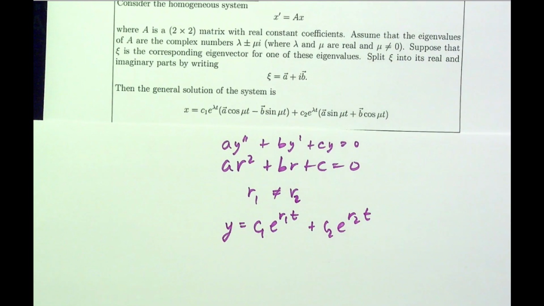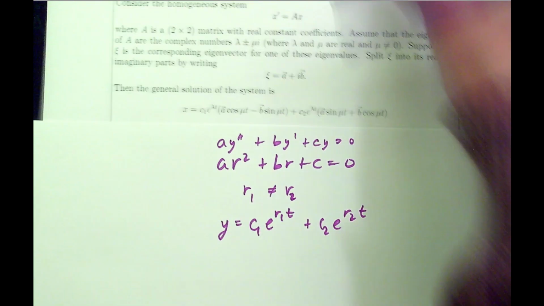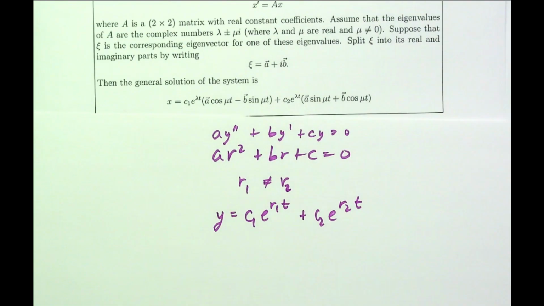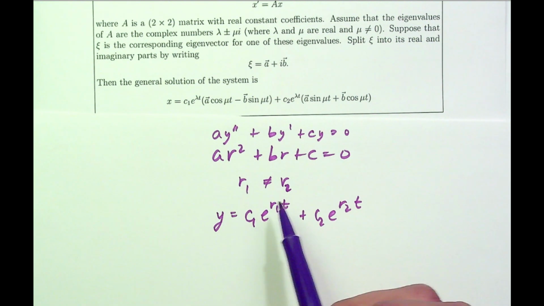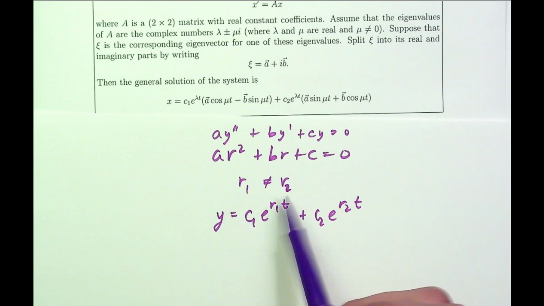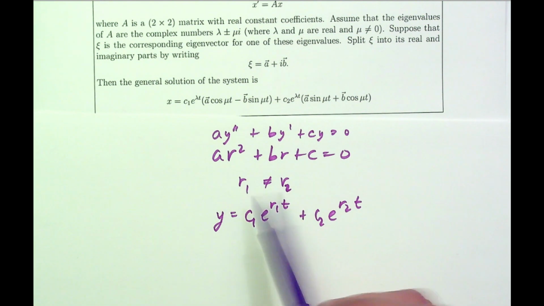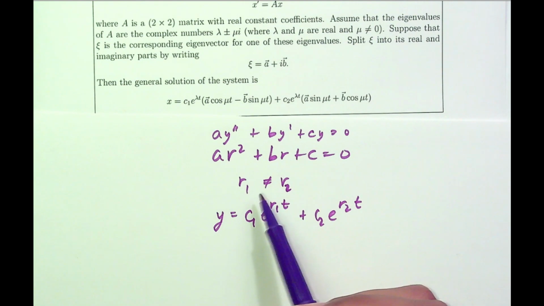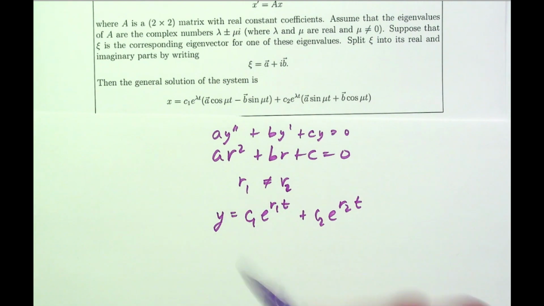Now, in the case of complex roots, we said, okay, suppose that the roots are complex. Well, in that case, they're also going to be different. They're going to be different and complex. So we said that even if these are complex, because they're not going to be equal either, this formula is actually going to work.